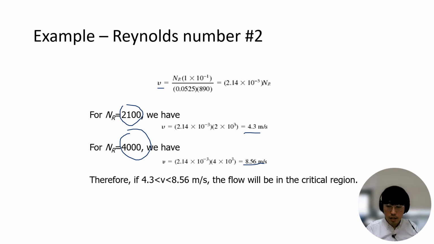This indicates that if the velocity is lower than 4.3 meter per second, the flow will be laminar, and if it is between these two, then it's a little bit ambiguous to tell whether it's laminar or turbulent. And once the velocity is larger than 8.56, then that's going to be turbulent. So this is a brief review on the Reynolds number.